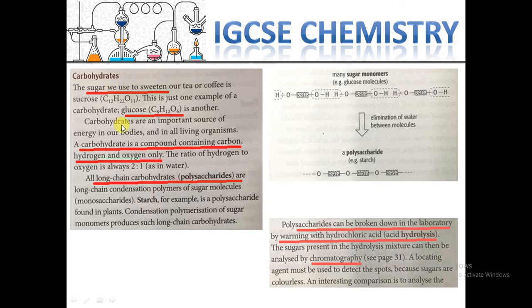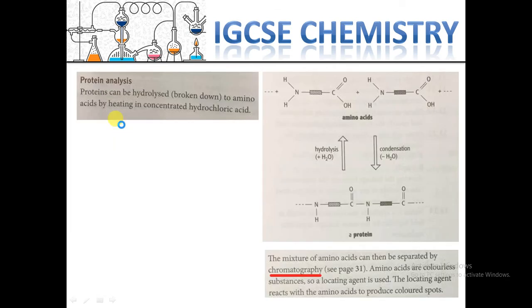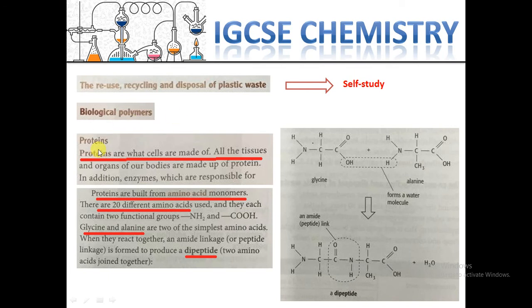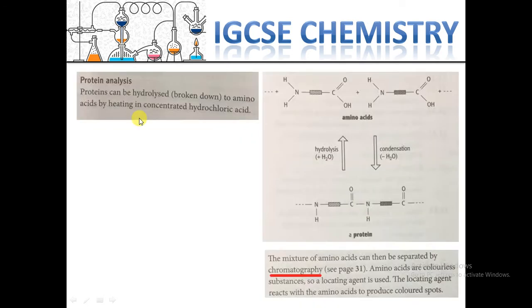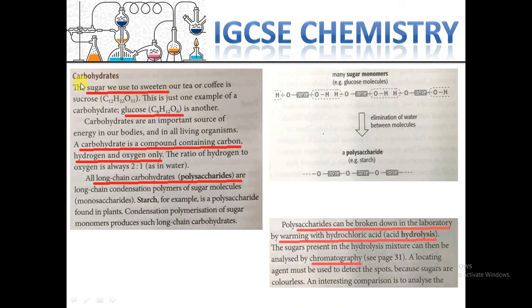And another biological polymer. Here we had one example, proteins as biological polymers, and carbohydrates are another example of biological polymers. They are polymers like sugar. Sugar is a kind of carbohydrate, and glucose is one of the common sugars, used in fruit and in any sweet food.